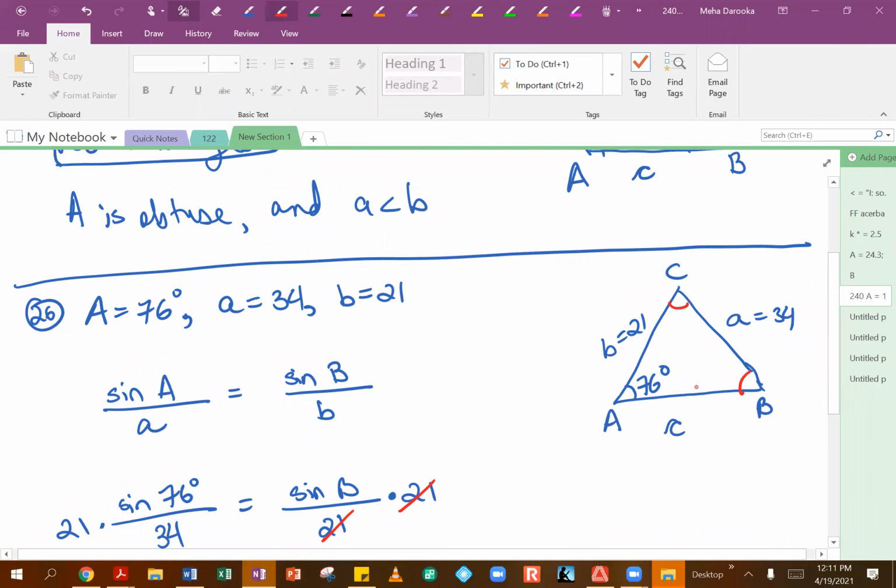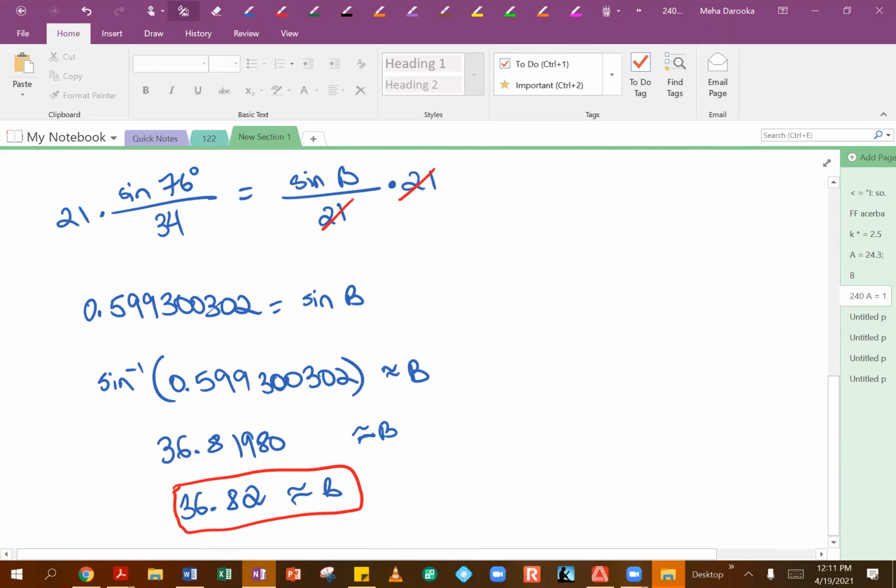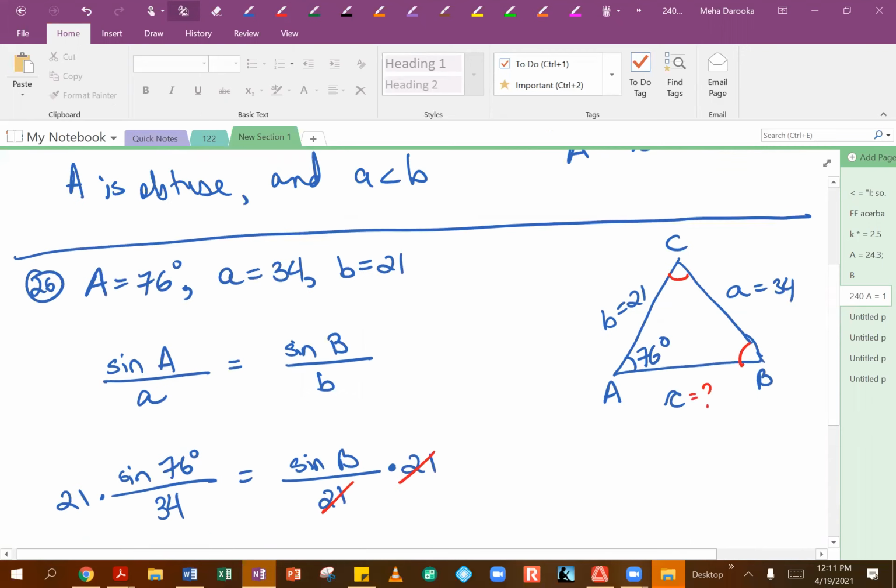We need to find angle C and side C. So since we again used a rounded number to come up with angle B, to find side C and angle C, I would again skip B and stick with A. So in this case, again, you can do sine of A over A equals sine of C over C. But before we do that, can you tell me what our angle C is going to be?